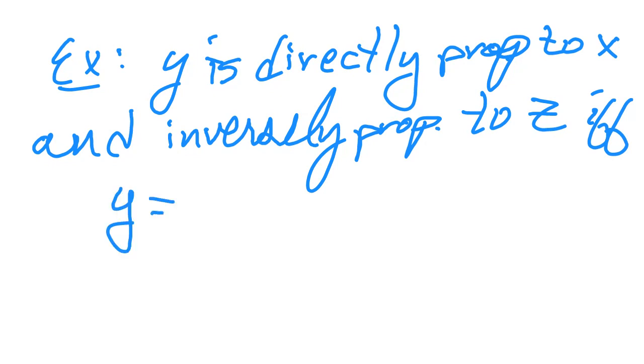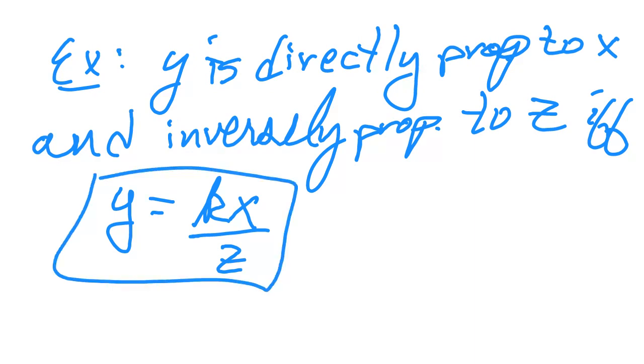Y is directly proportional to X, so some constant times X, but inversely proportional to Z. So it'd be over Z. So Y equals KX over Z. So the reason that we're going over some of these things is we may need to know that to come up with how to solve a problem with our constraints. We may need to come up with some of these equations. All right.